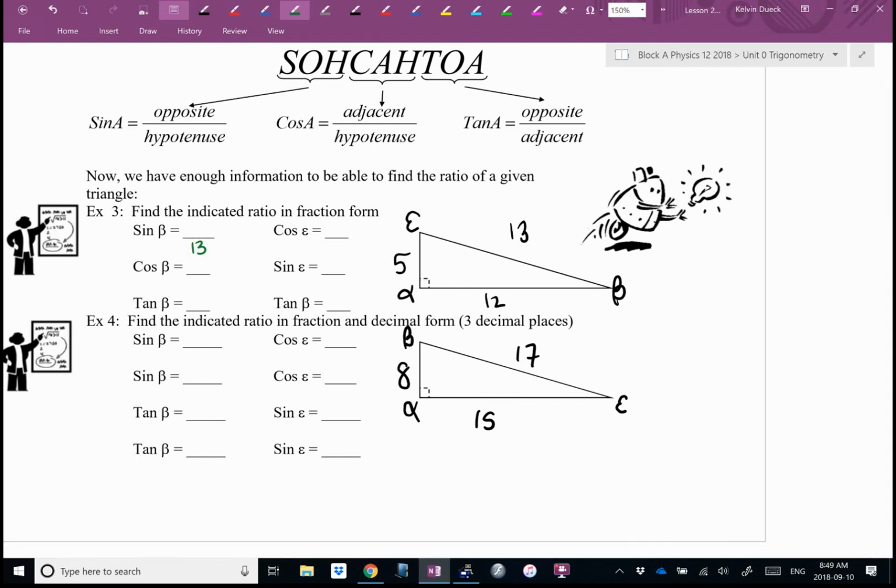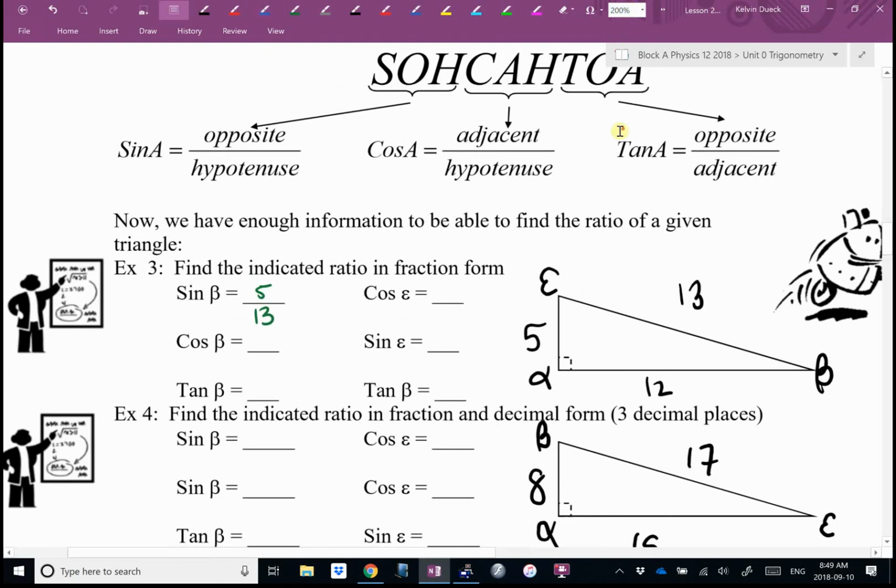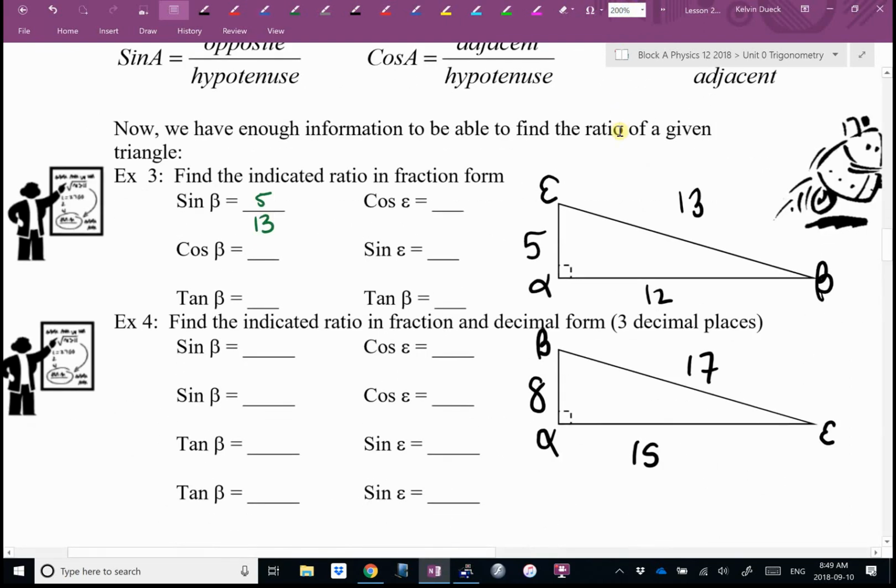The 5. And if I wanted to decimalize that on my calculator, I could, but usually I just leave it as a fraction unless I have to decimalize it. What would the cosine of beta be? Well, cosine is adjacent over hypotenuse, so it's still going to be over 13. But what side is adjacent to beta?